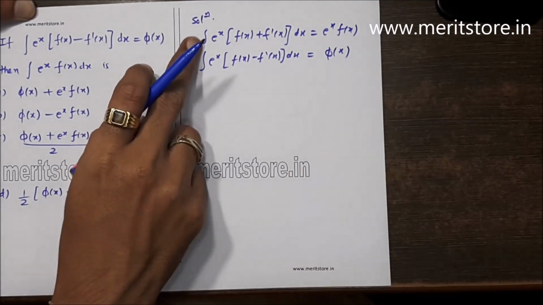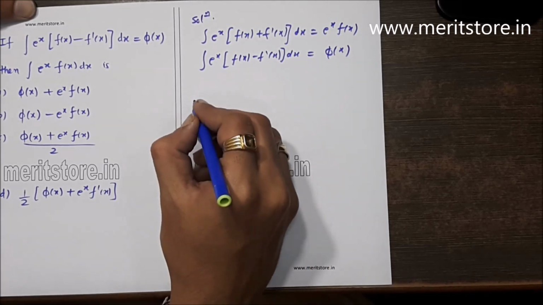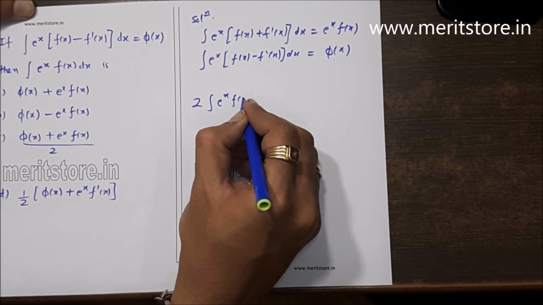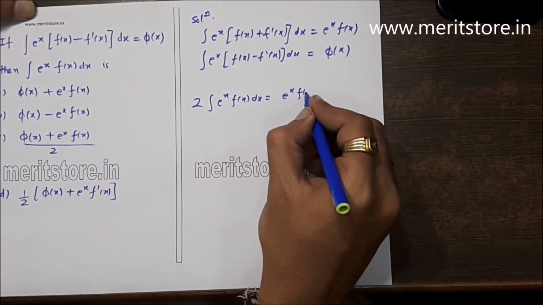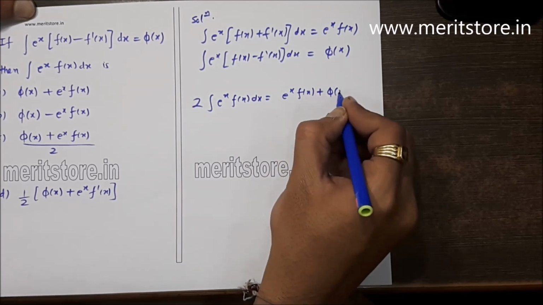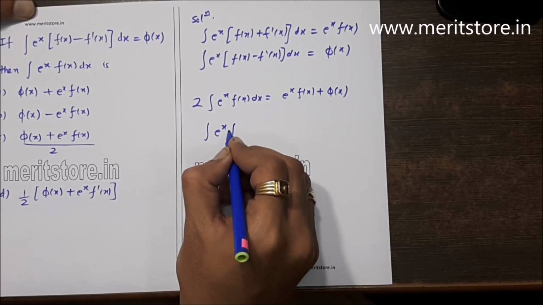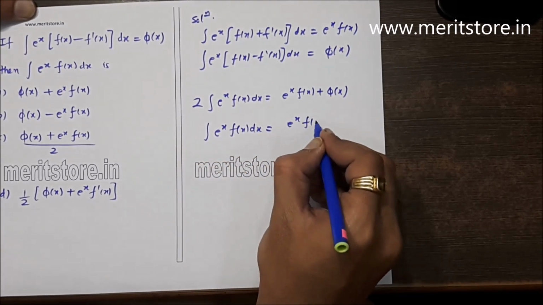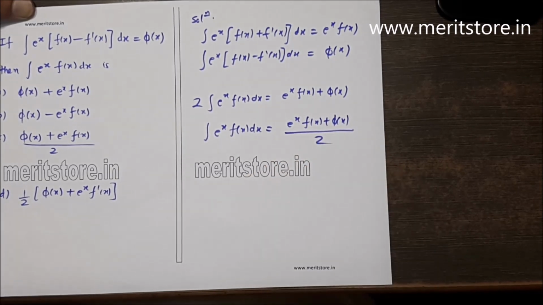What I'm going to do is add these two equations. So what I'll finally get is 2 times integral of e raised to x f of x dx is equal to e raised to x f of x plus phi of x. Taking the 2 on the other side, integral of e raised to x f of x dx is equal to (e raised to x f of x plus phi of x) the whole upon 2.